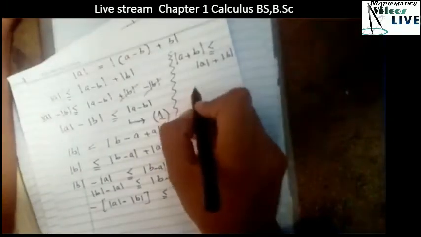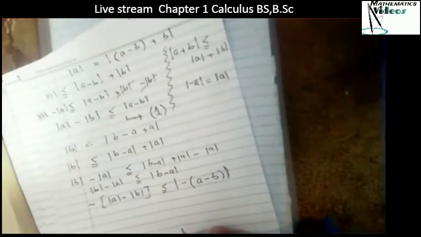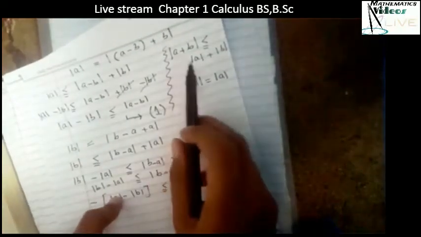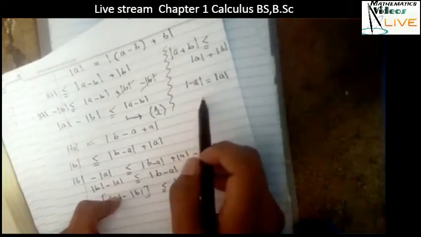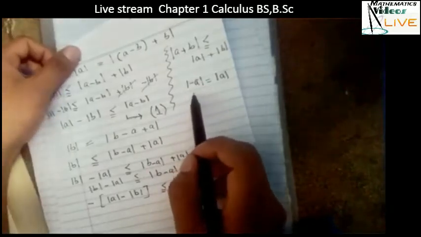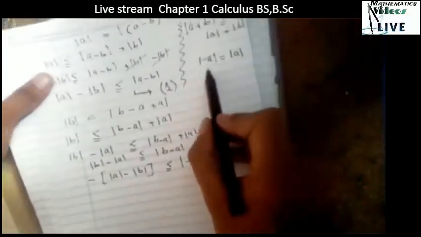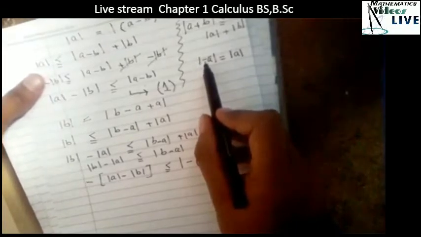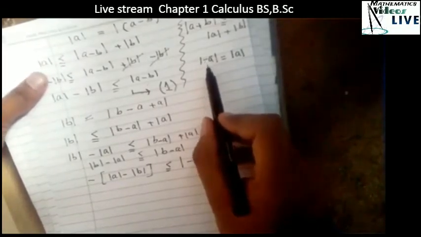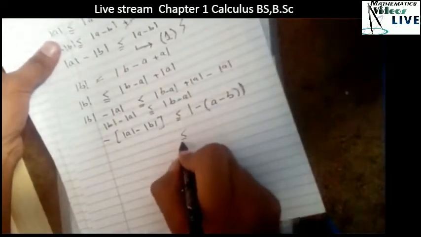Next, note that mod of minus A is equal to mod of A. These inequalities and this relation are covered in the articles of exercise 1.1, so you will have to review them before watching this lecture. This minus sign is immaterial to the absolute value, therefore we will simply remove it from here.